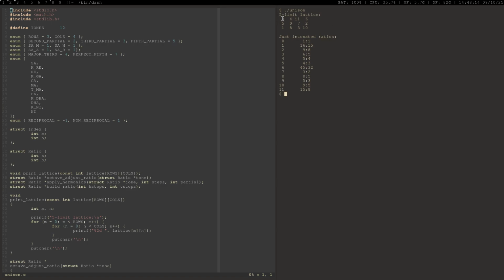Usually in a 5 limit lattice like this, moving from here to here is basically like going up a perfect fifth. And moving from here to here is like moving up a major third. And using those two intervals, you can jump around and eventually reach any note in a 12-note system.